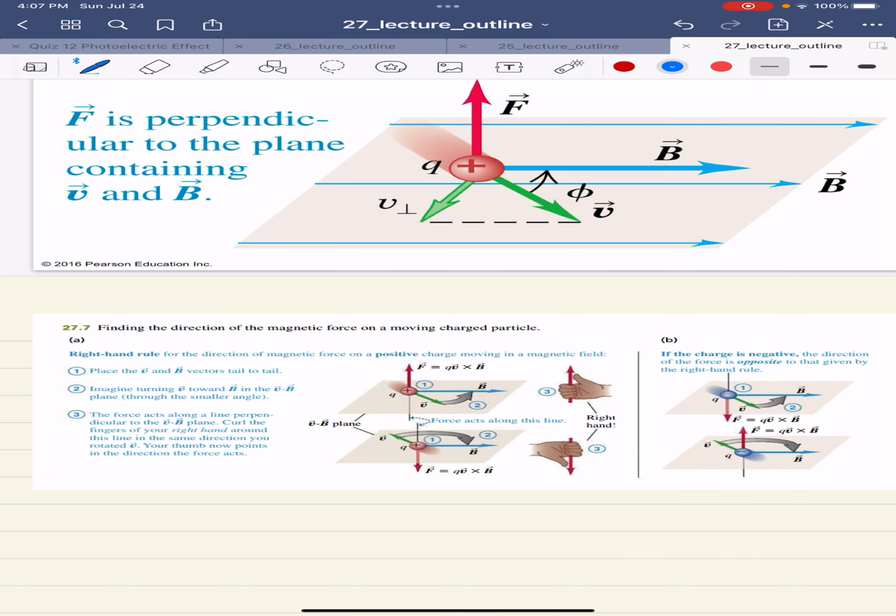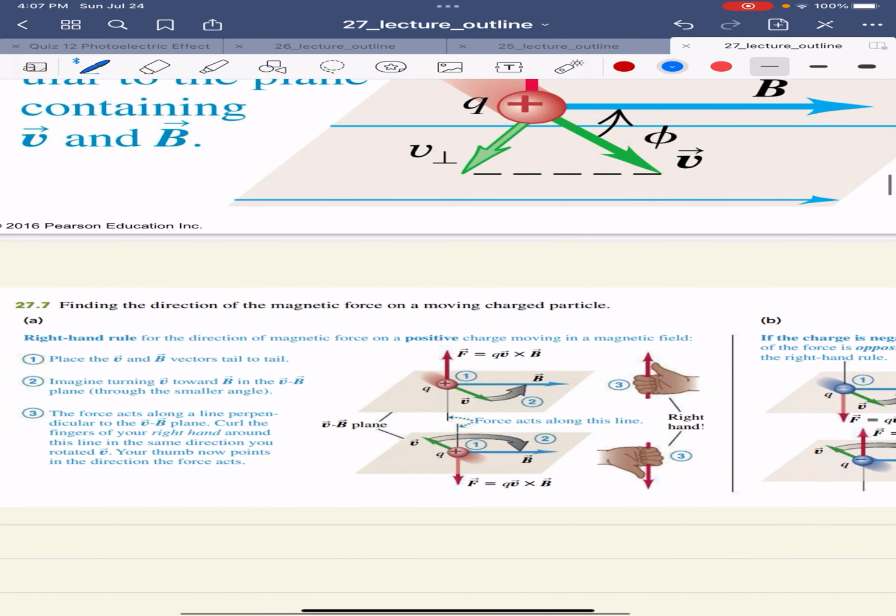You're going to place V as a vector and B tail to tail. If you look here, this is B and this is V. Their tail is here. Now we are going to make V go to B. Why V go to B?